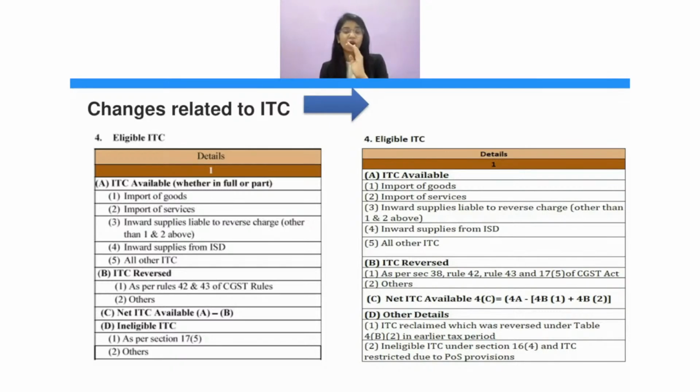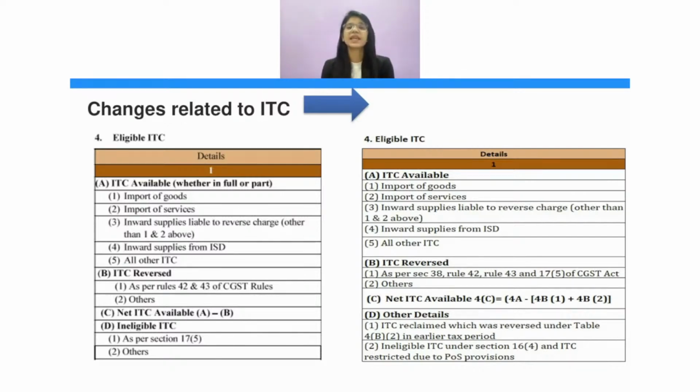And I can always claim this ITC till my October 2023 return period, right? So I can always go ahead and claim that ITC. Which means this difference will always be there till the October 2023 return period. And if that's the case, then if tomorrow the department comes with a notice, I have to explain the difference for the entire 19 months, which is really going to be a tedious job for me.